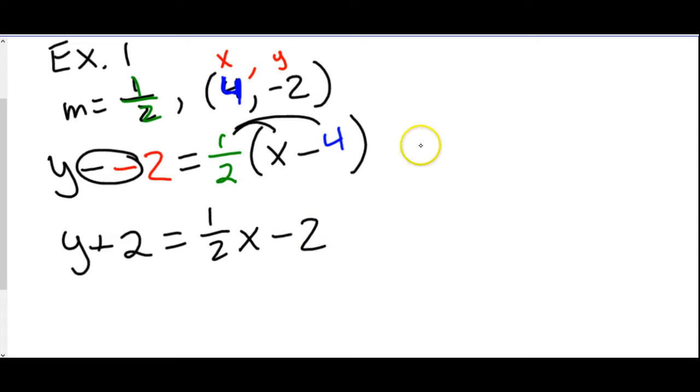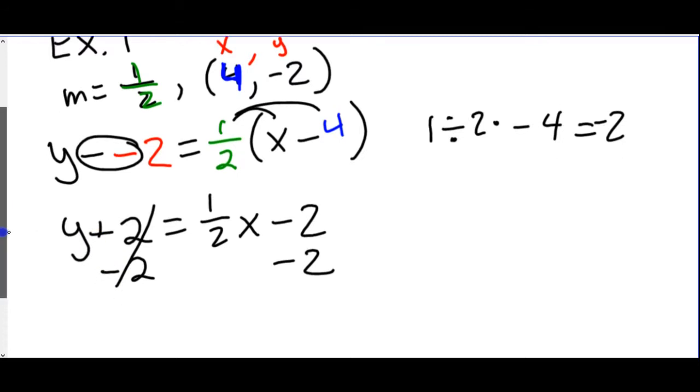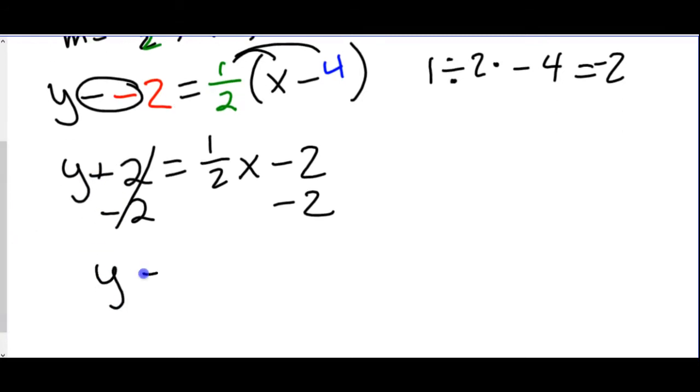You can plug that straight into the calculator by doing 1 divided by 2 times -4, and it'll come out with your -2. So now we still want to get y completely alone, which means we have to minus 2 from both sides. We're going to line it up with its like term. So we get y equals 1/2 x minus 4.